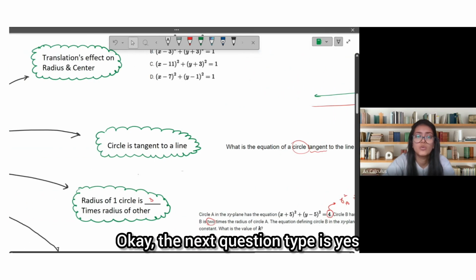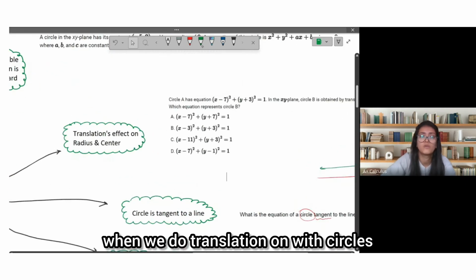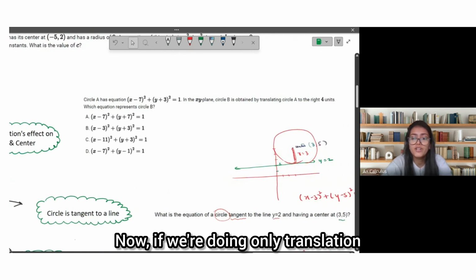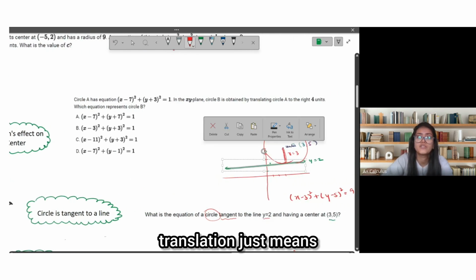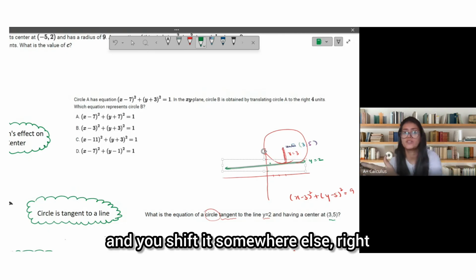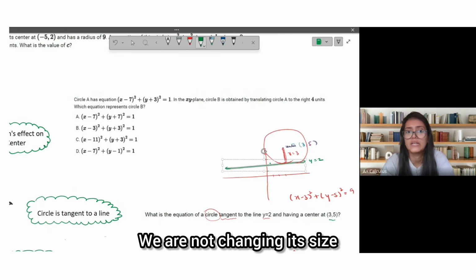The next question type is when we do translation with circles. So translation's effect on radius and center. If we're doing only translation, it just means that you take an object and you shift it somewhere else, right? We are not changing its orientation. We are not changing its size.